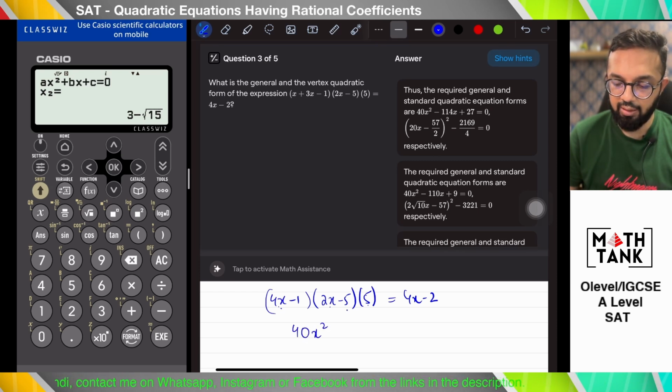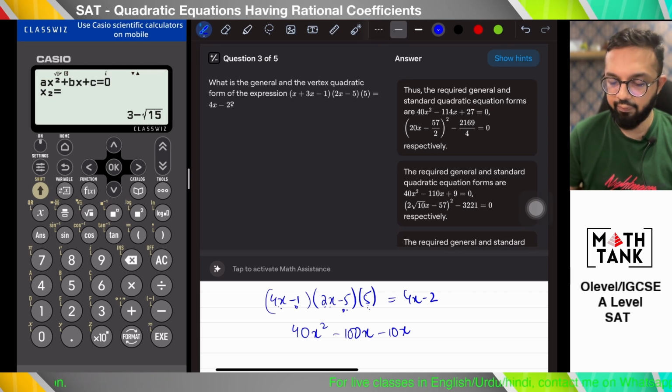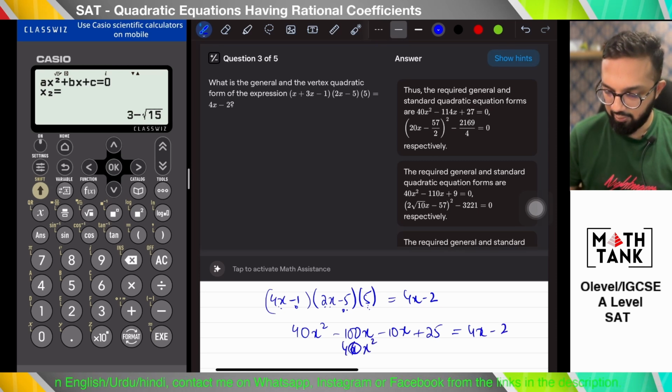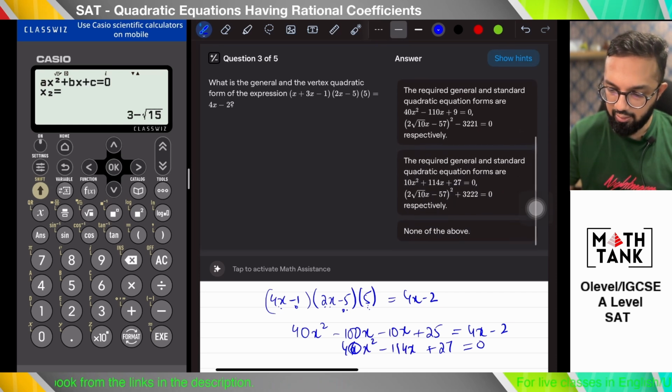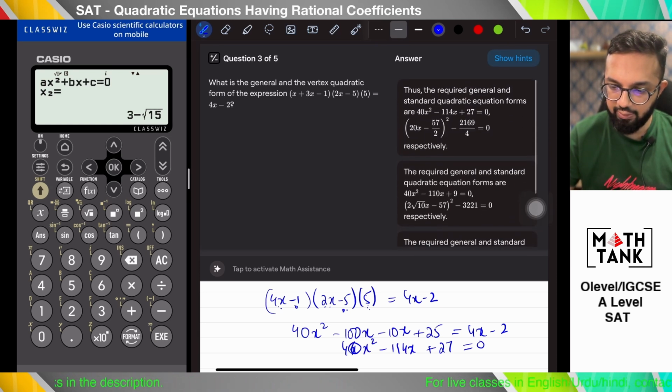Then 4x into minus 5 into 5 gives me 100x. Then minus 1 into 2 into 5 gives me minus 10x. And then minus 1 into minus 5 into 5 gives me plus 25. So I get 40x squared minus 114x plus 27. I think that's the first one.